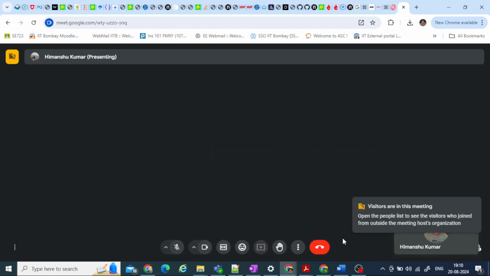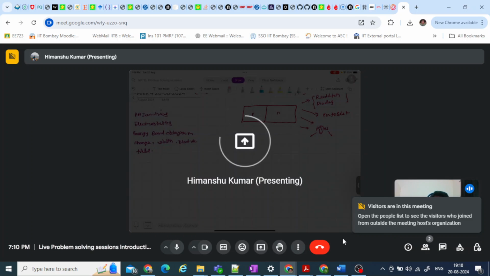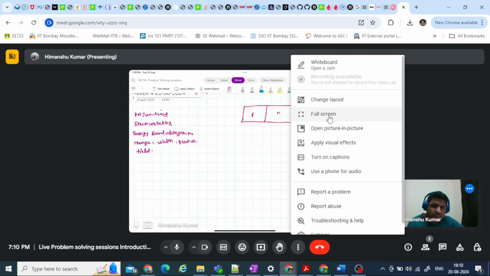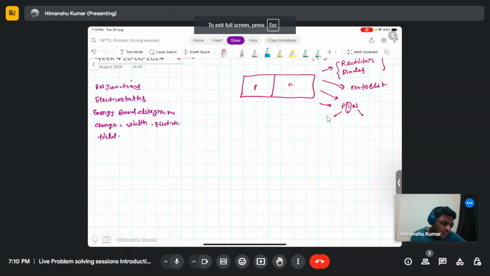That is not the practical scenario. In practical devices, a lot of processes are involved just to make the simple PN junction, not just fusing two pieces.